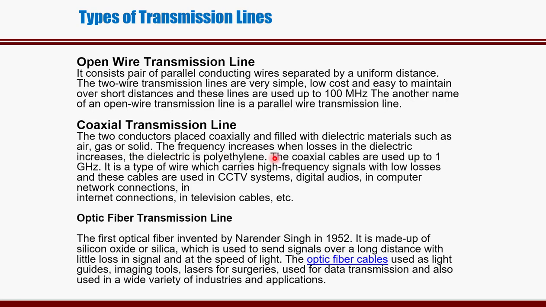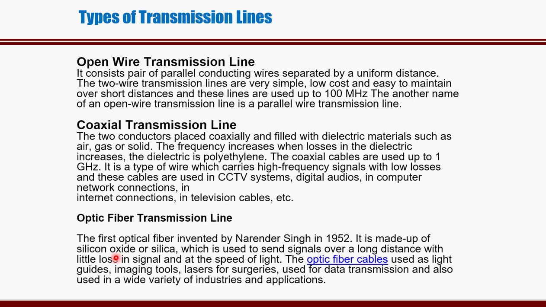The frequency increases when losses in the dielectric increase. The dielectric used is polyethylene. Coaxial cables are used up to 1 gigahertz frequency, and this type of wire carries high frequency signals with low losses. Generally used for CCTV systems, digital audio, computer network connections, internet connection, television cables, etc.